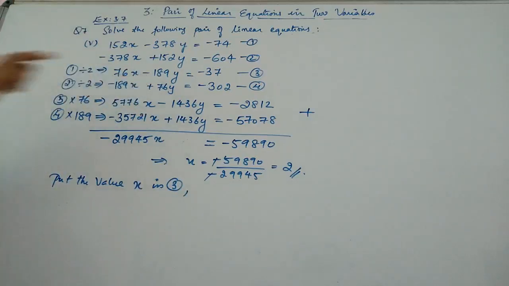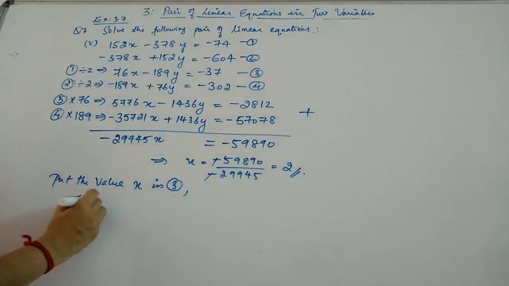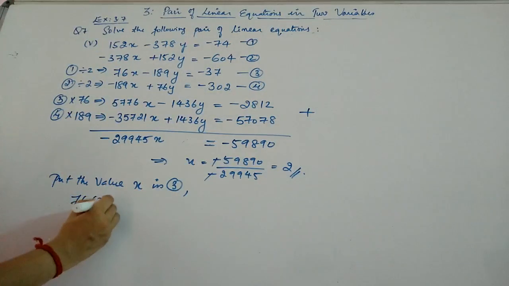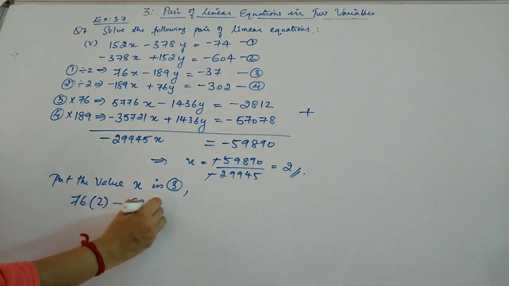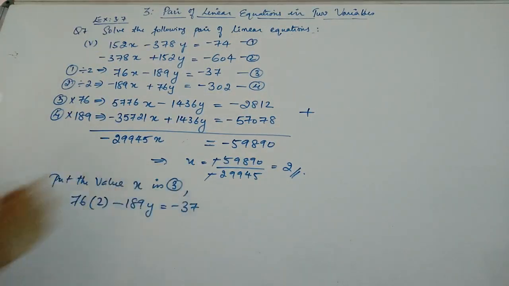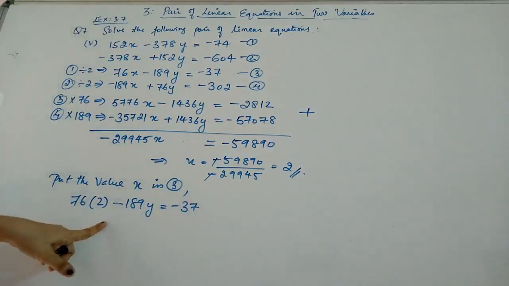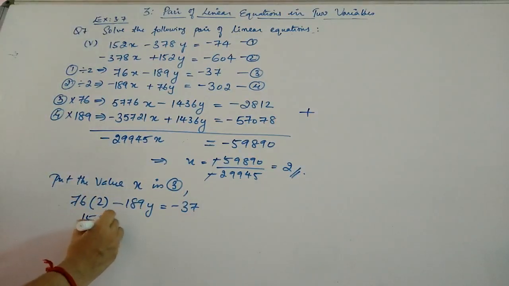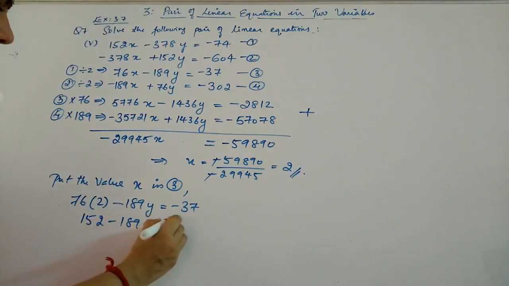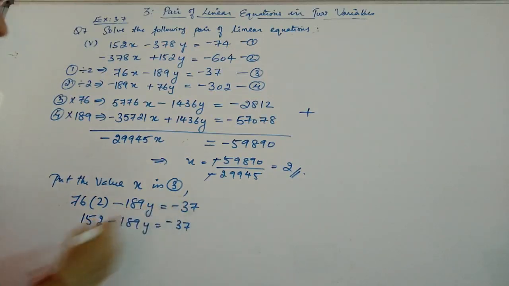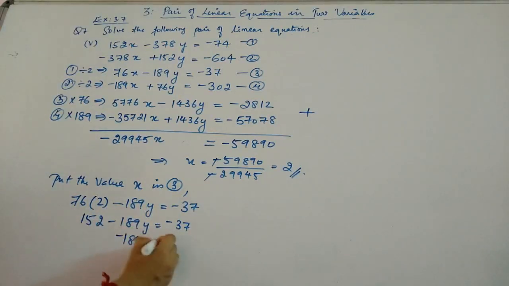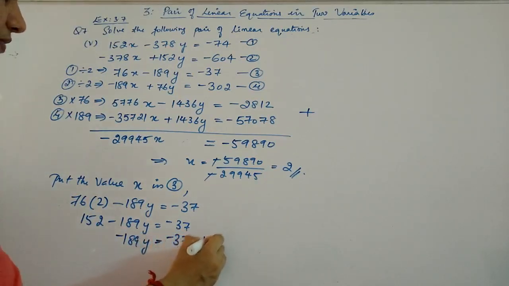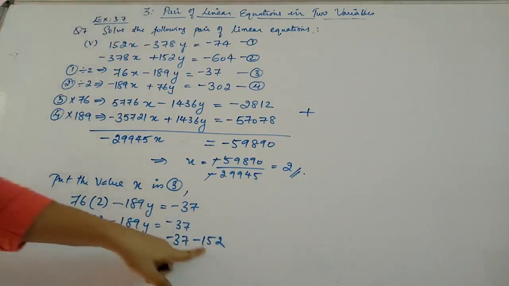This one. That is, you will get 76 into the value of x, which is 2, minus 189y is equal to minus 37. 76 into 2 will give you 152 minus 189y is equal to minus 37. So minus 189y is equal to minus 37 minus 152. This will go there as negative.